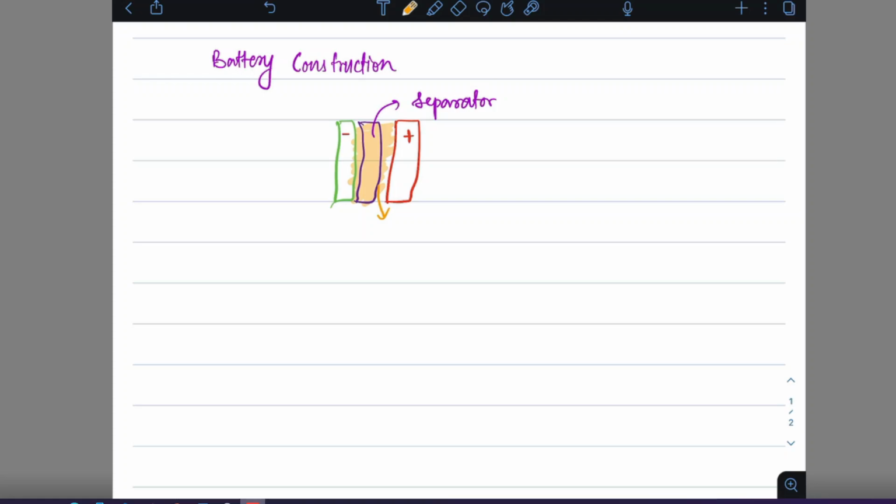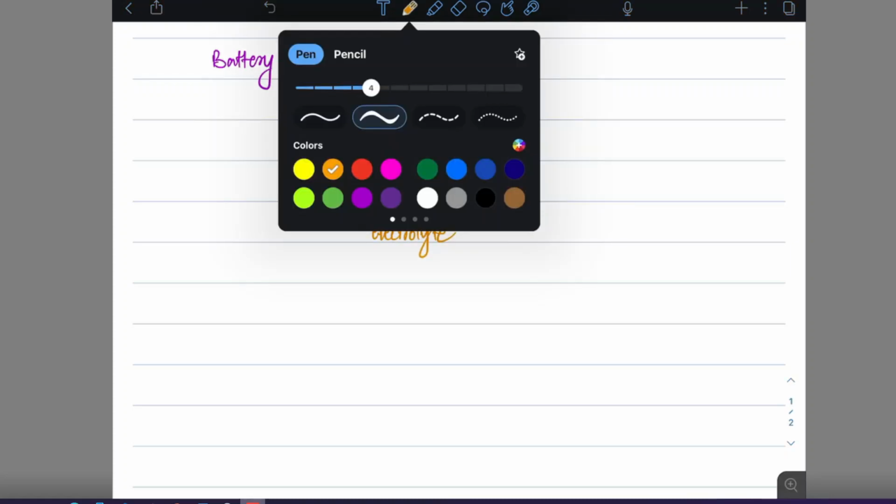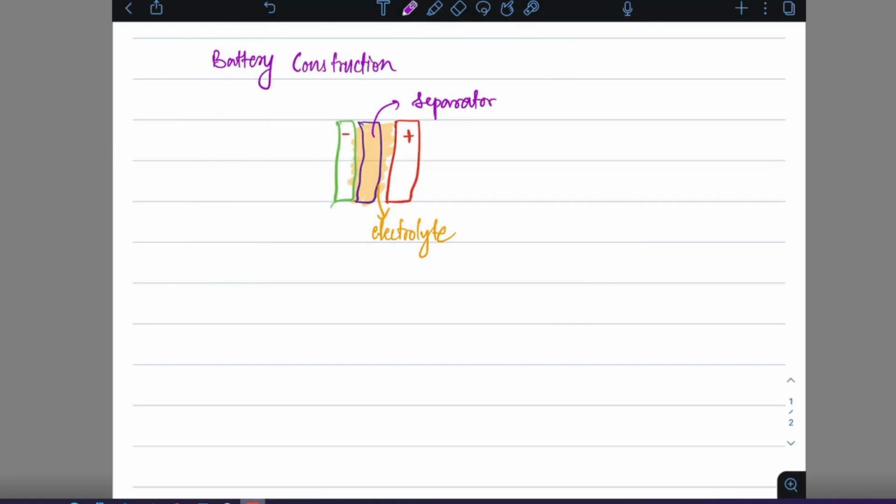This is electrolyte. Imagine you have three handkerchiefs, one made of the cathode material, one made of the anode material, and one made of the separator material, and the separator one is soaked in electrolyte.